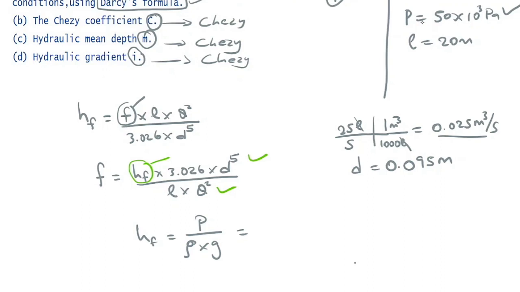Our pressure is 50 times 10 to exponent 3, divided by the density of this liquid, which is 10 to the power 3, times the gravity 9.81. This gives us 5.1 m. That is the loss of head due to friction.